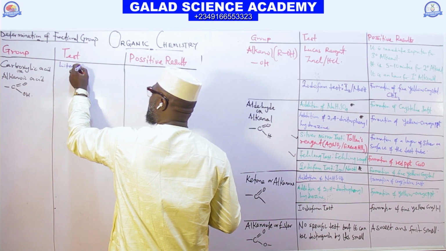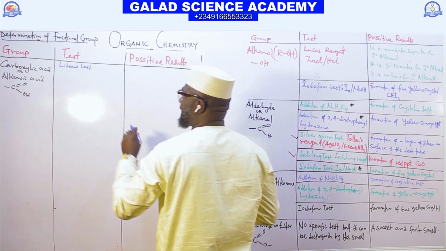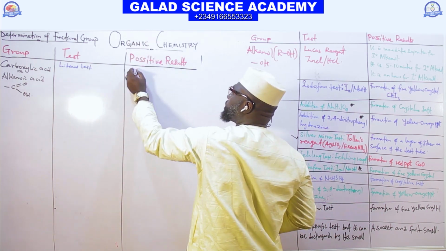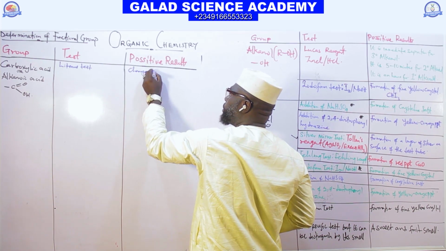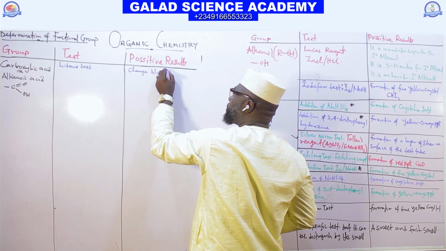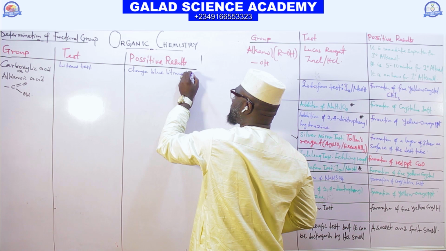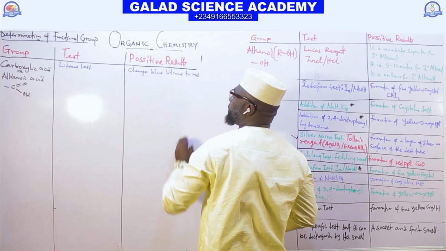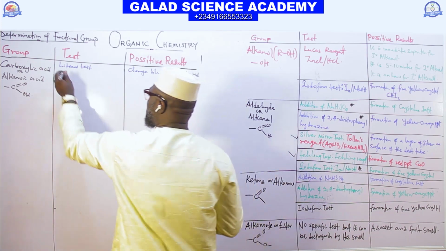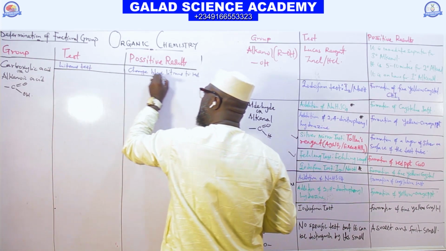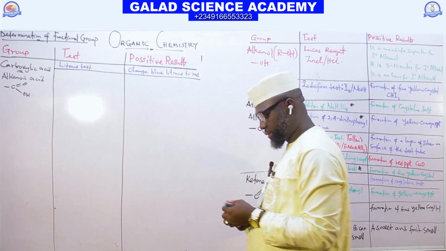The alkanoic acid is an acid, and it turns blue litmus to red. So the litmus test: because it's acidic, it will change blue litmus to red.